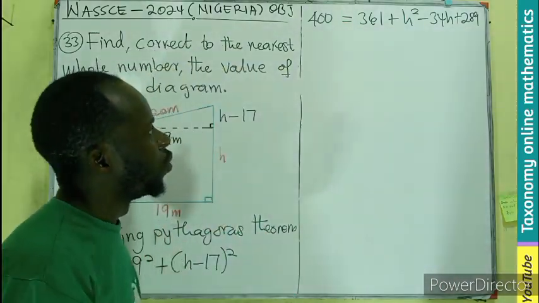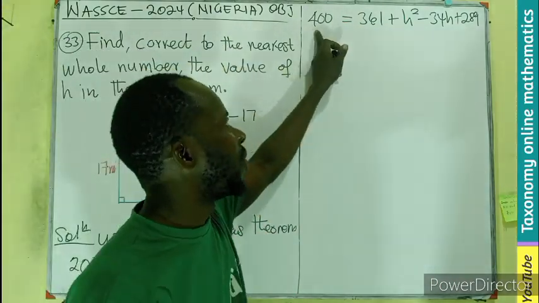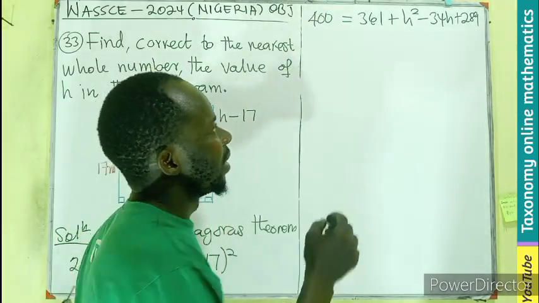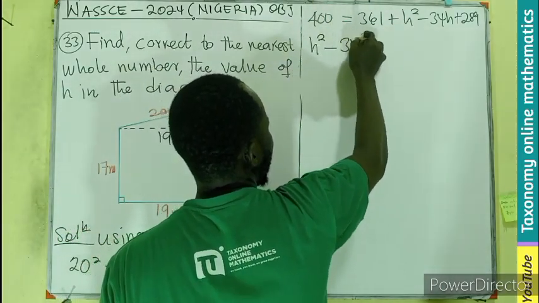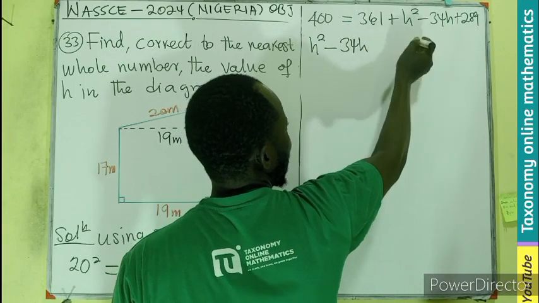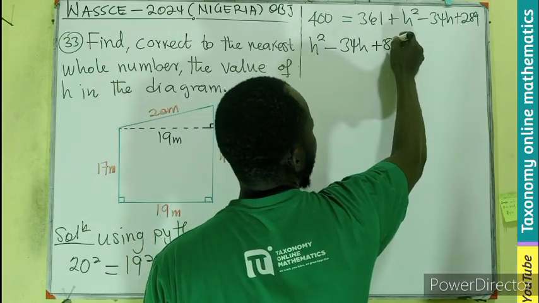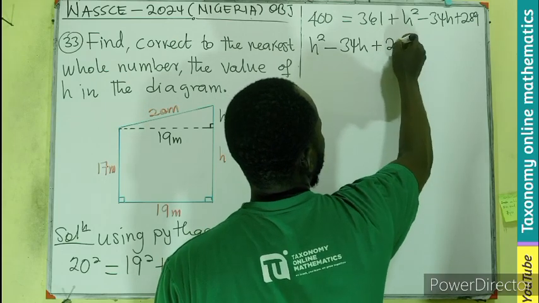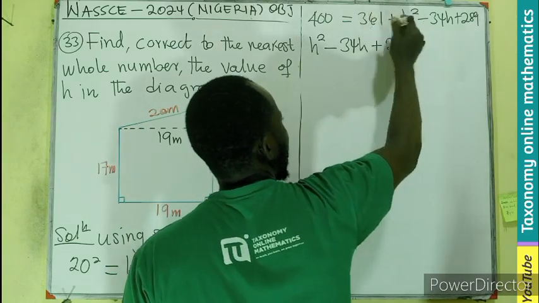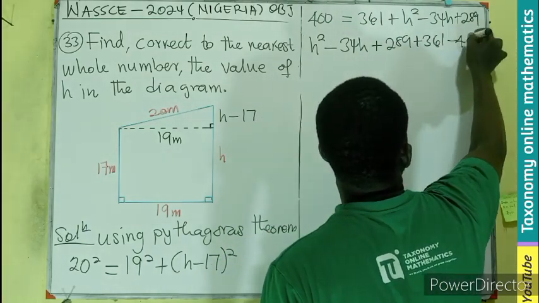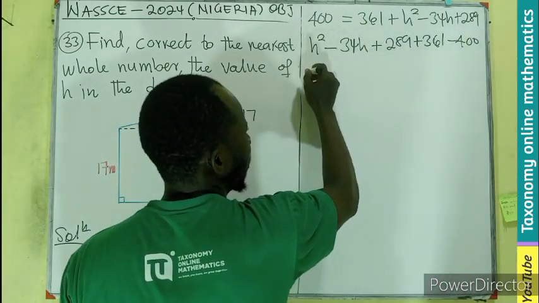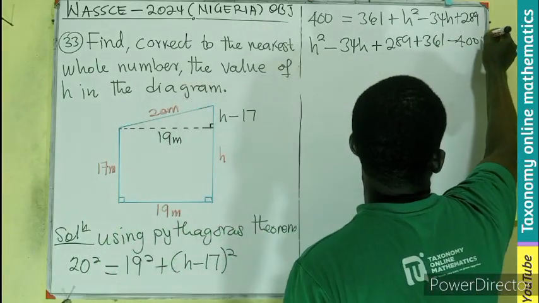So let's transpose everything from the left to the right, beginning with the h. So h square minus 34h plus 289 plus 361, then minus 400. All these will be equal to 0.